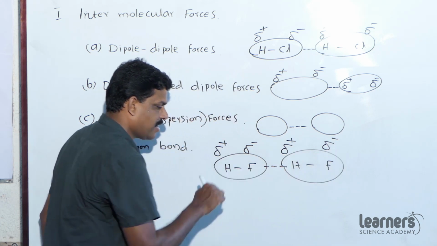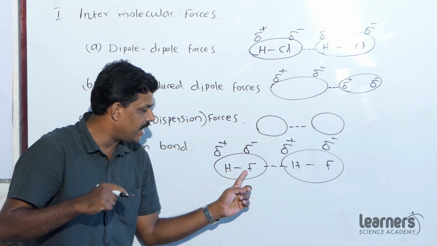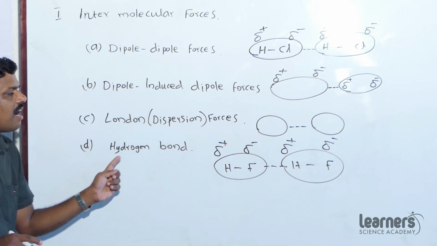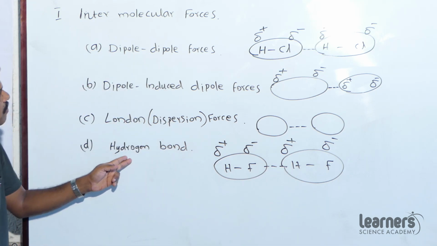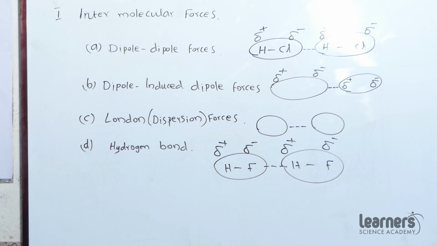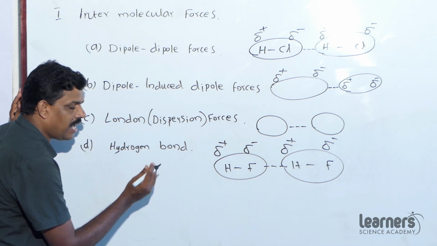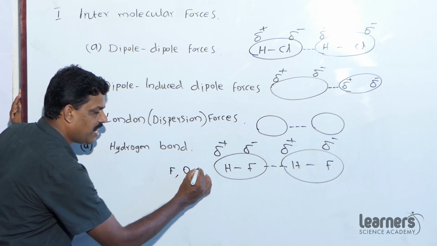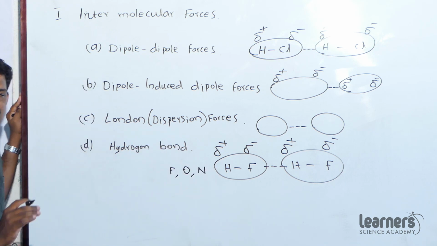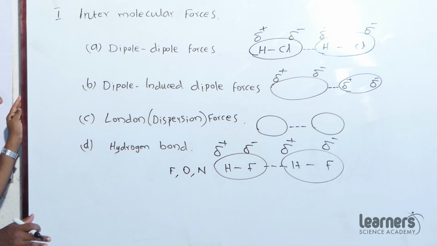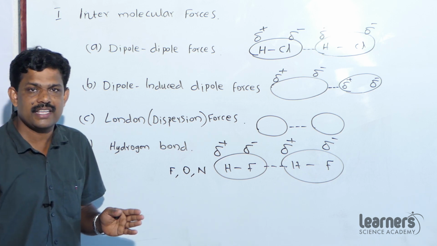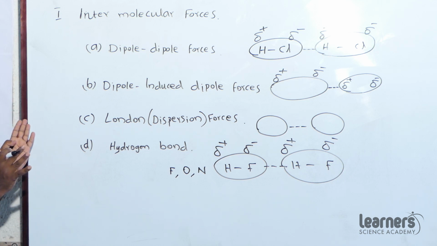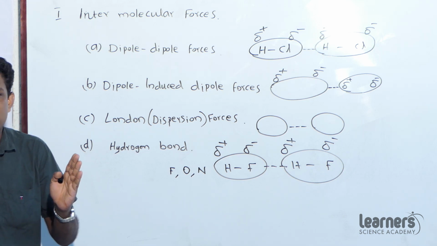This force of attraction between a highly electronegative element and hydrogen is referred to as hydrogen bond. Actually, it belongs to dipole forces, but it is shown by only a few elements like fluorine, oxygen and nitrogen, and hence is considered as a separate force called hydrogen bond. So these are the 4 intermolecular forces of attraction.